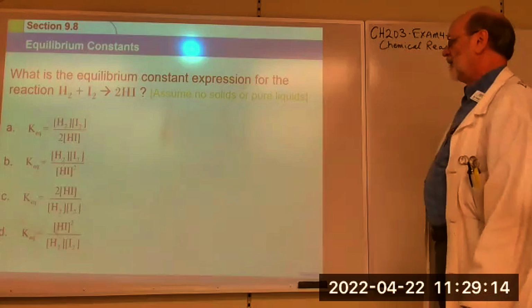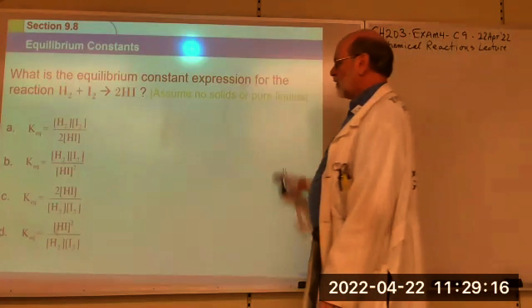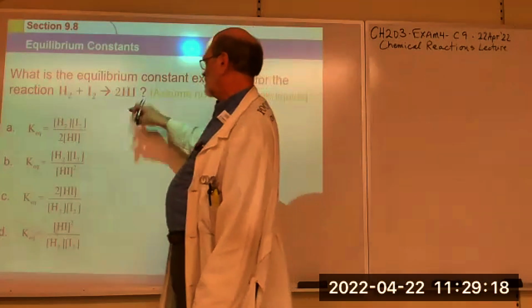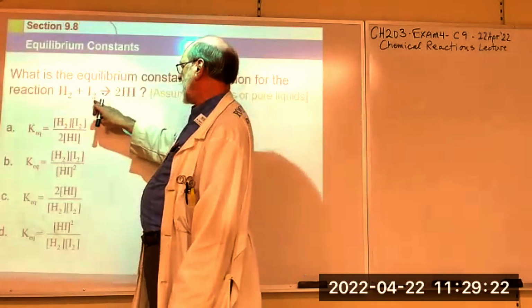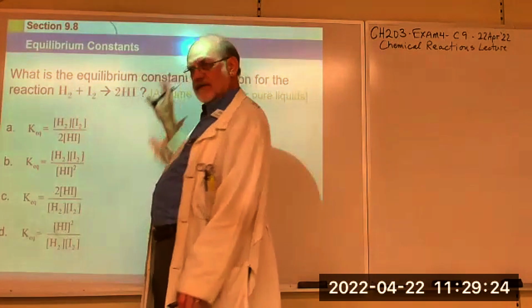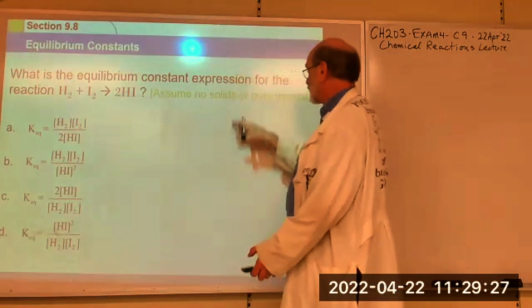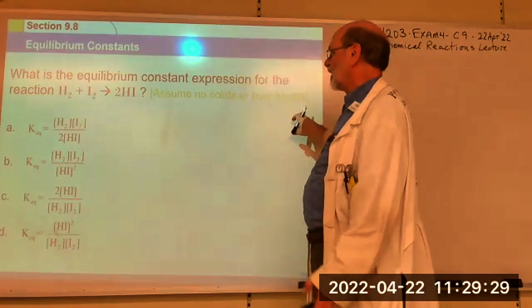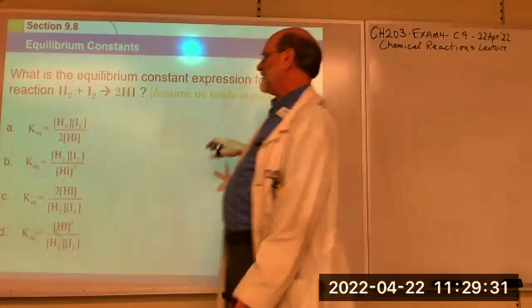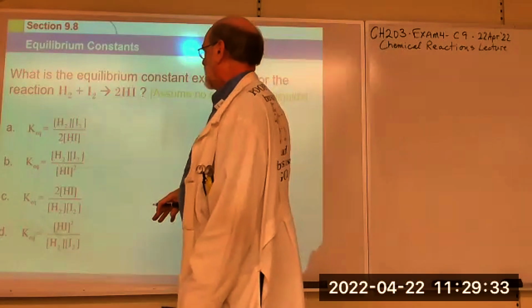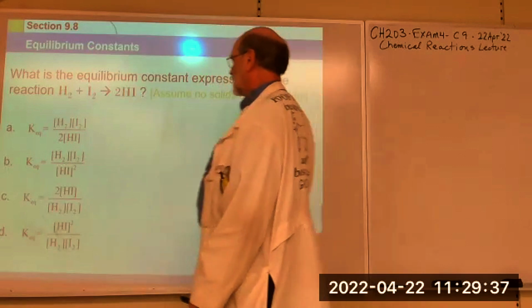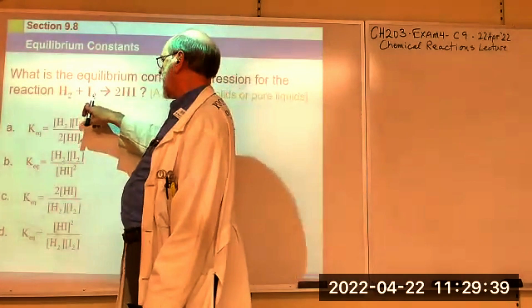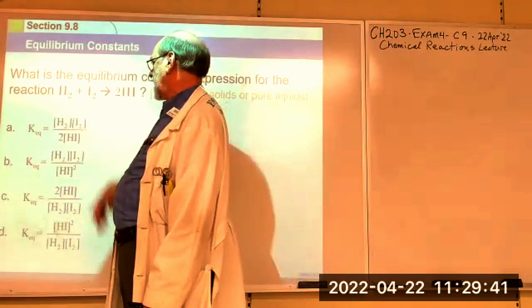All right. So how would we write this one? Is it balanced first? 2 hydrogens, 2 iodides, 2 hydrogens, 2 iodides. That's balanced. And we assume that there are no solids and no pure liquids. Which is kind of funny because at room temperature, iodine is a solid and hydrogen is a gas.